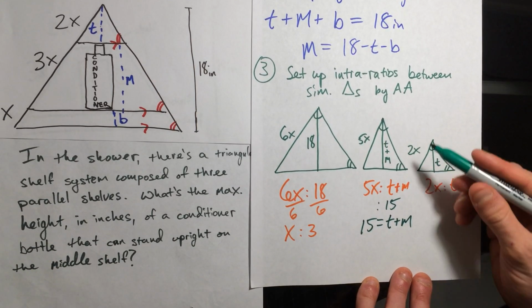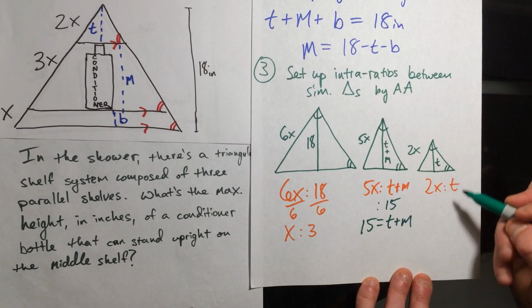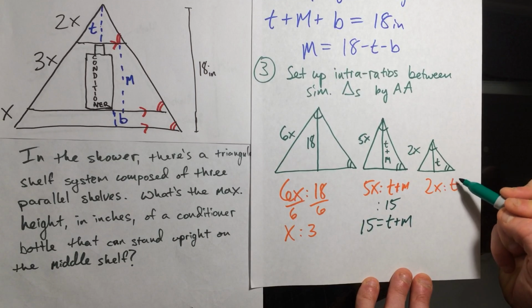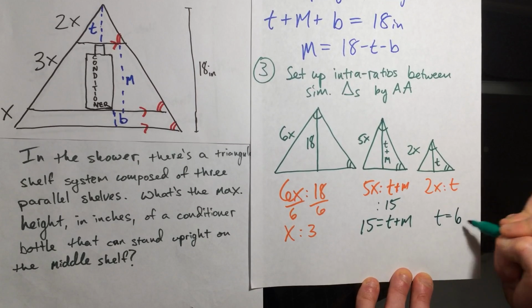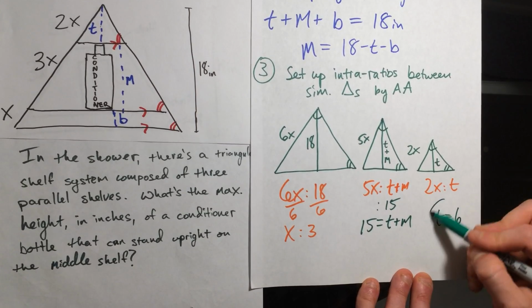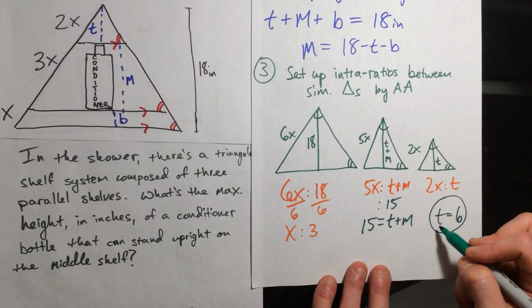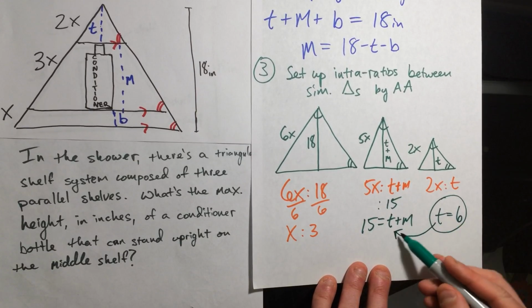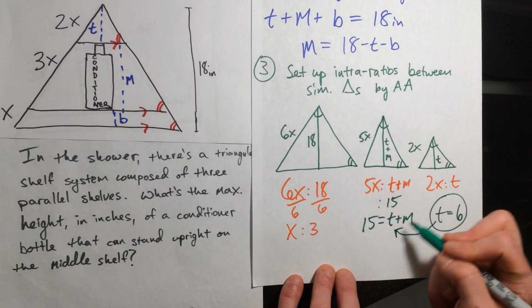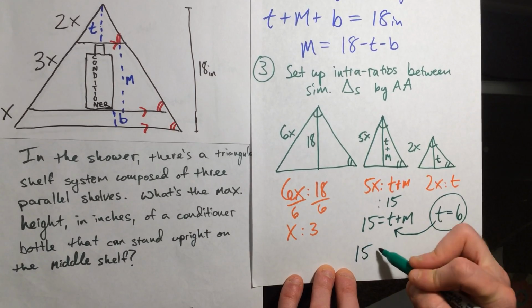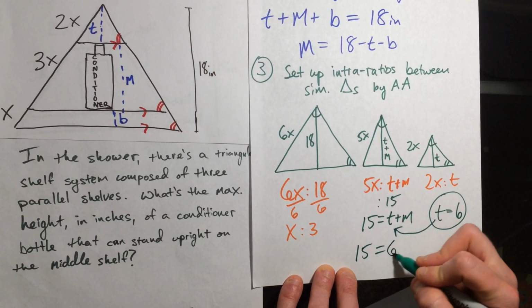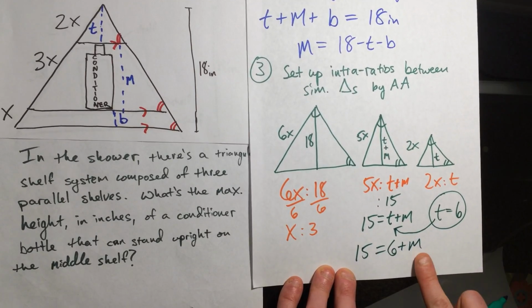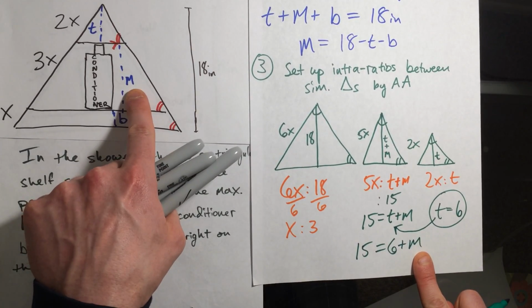And then finally, we have another equation here. This is the 2x. The 2x says that we should have 6 for height. That means that T is 6. And now we have enough equations. T equals 6. Then we can plug that back into this equation, because we know that 15 equals T plus M. If T is 6, then 15 equals 6 plus M. And look, our unknown is now solvable.